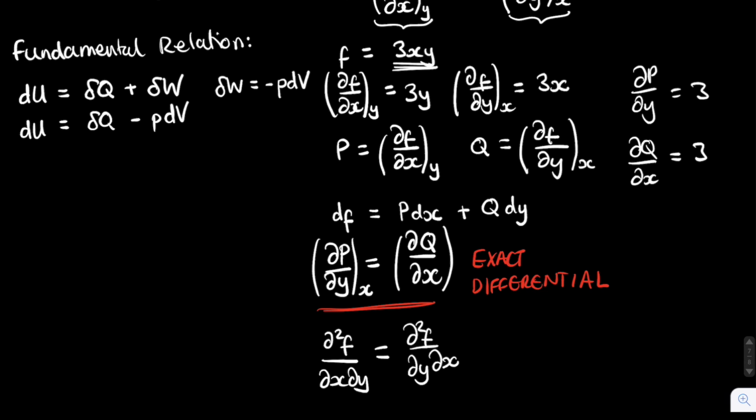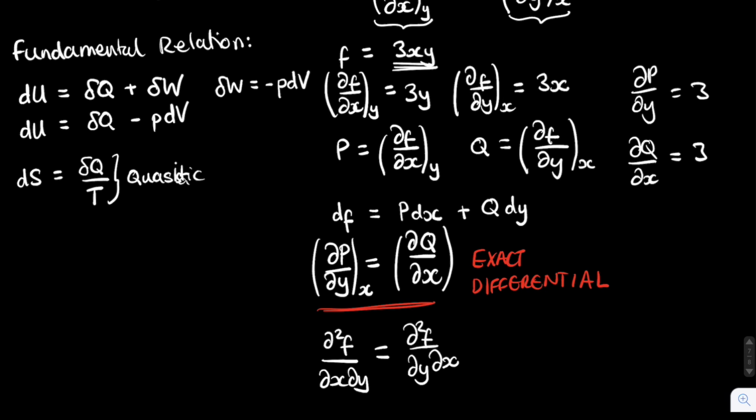Now, we can do a similar thing with dq. What did we define entropy as in the last video? We defined entropy ds is equal to dq over t, but only for quasi-static processes. That is the assumption that we have got to make right here.